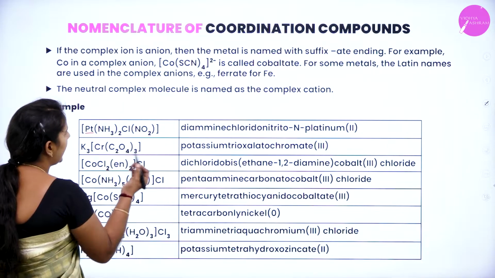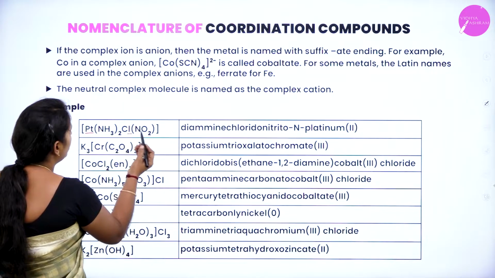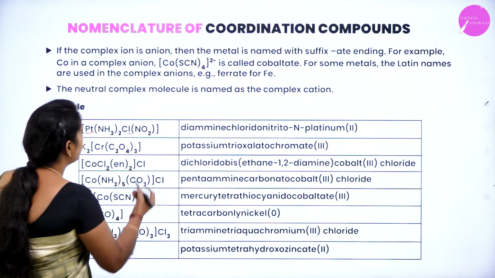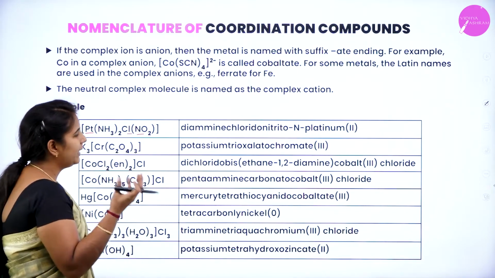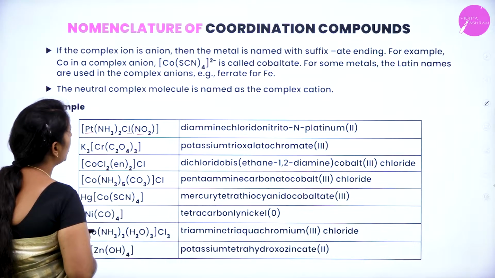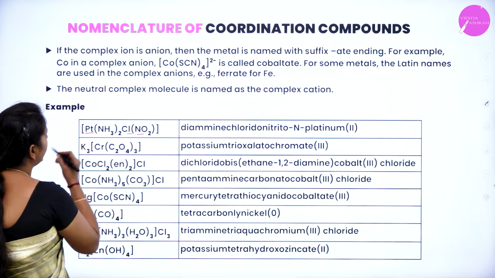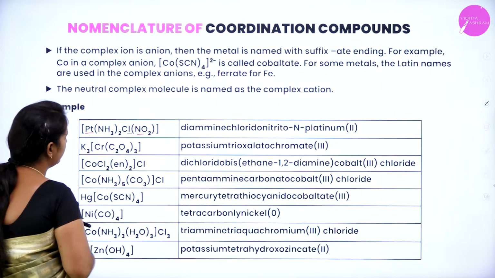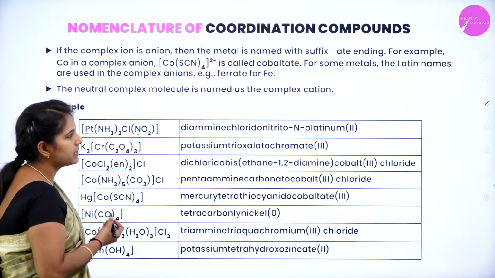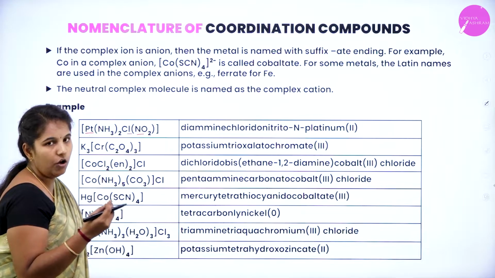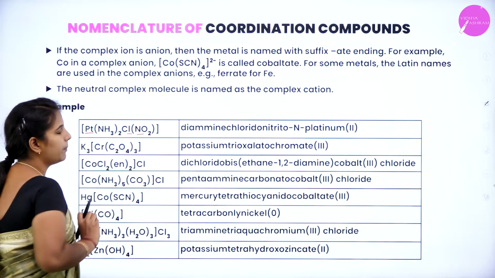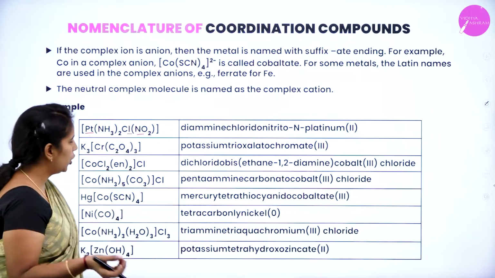So it is diammine, chlorido, nitrito-N, because N is the ligating atom towards the central metal atom, and the oxidation state of platinum we have to calculate. This is an example of a complex which consists of 3 different kinds of ligand, hence it is a heteroleptic complex.